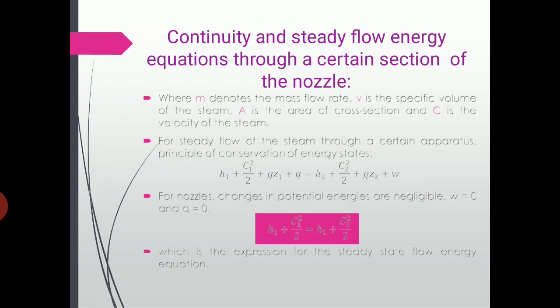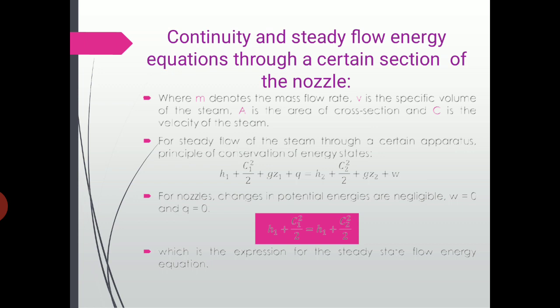The steady flow energy equation for any apparatus is based on the principle of conservation of energy, that is, energy at the inlet is equal to energy at the outlet. For a nozzle, changes in potential energy are negligible, and work is equal to 0 and Q is equal to 0.